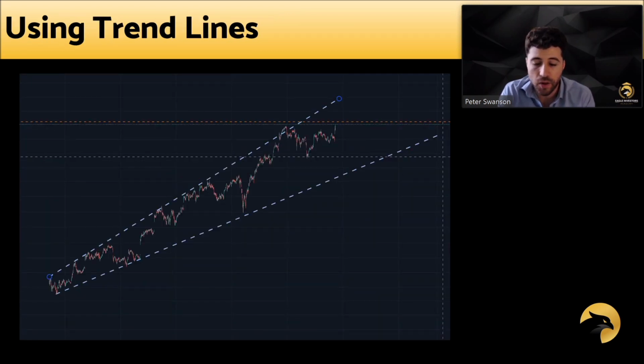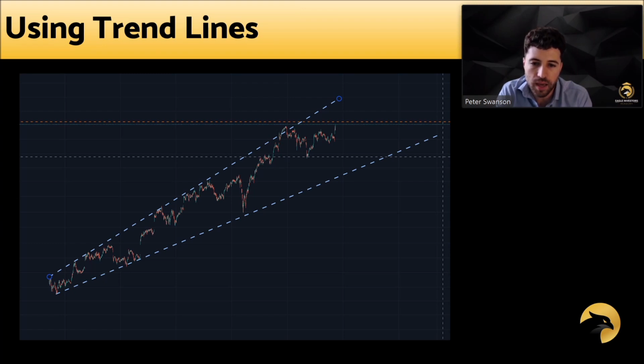And then another approach you can have is using trend lines, is to stay in the stock as long as it's holding to certain trend lines. And so you see here, I can't remember which stock it was, but it was a pretty high time frame viewpoint in which the stock was moving up based on those trend lines.